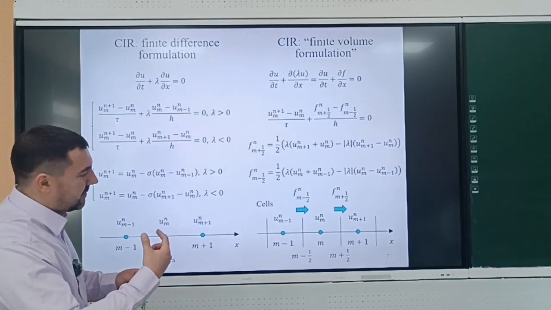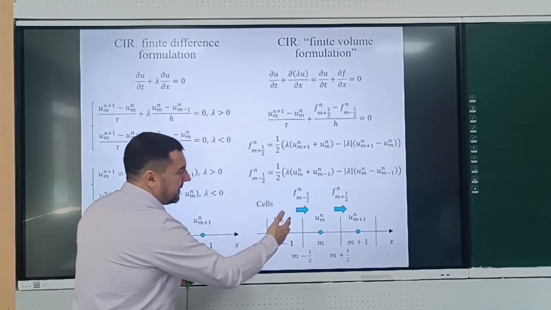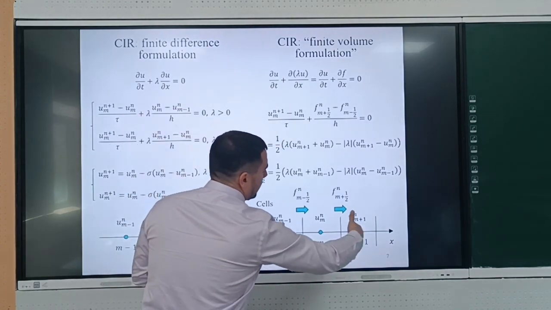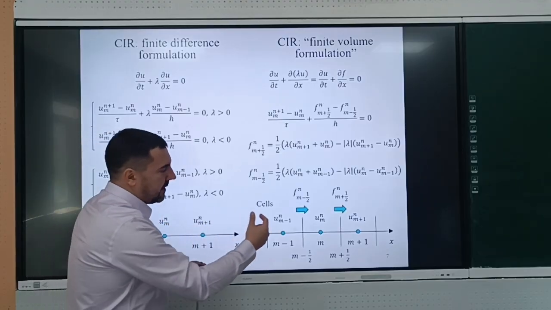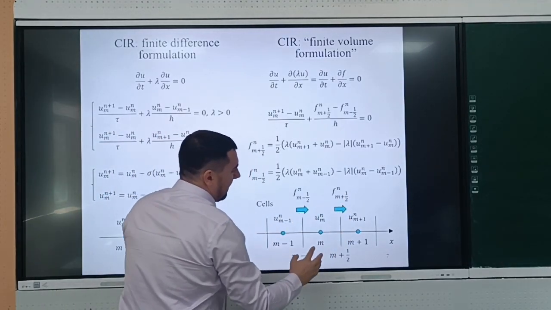So if we take a small enough time step, disturbances do not have time to propagate from these cells to here. That is why, if our time step is small enough, the numerical flux depends only on the parameters here and here.